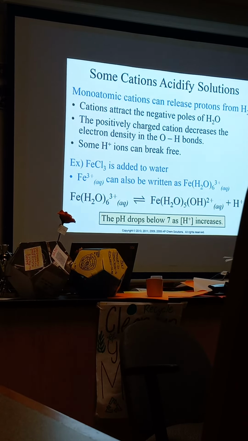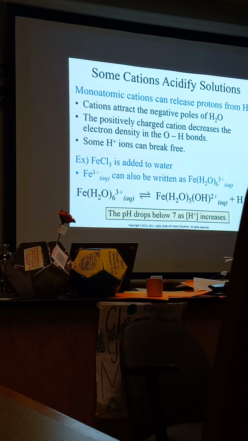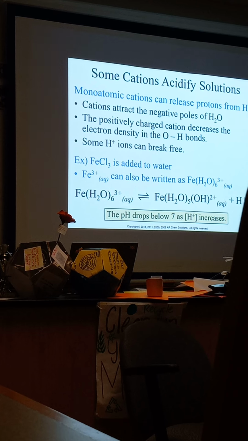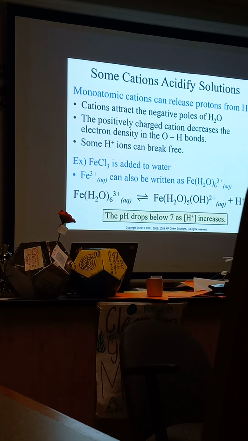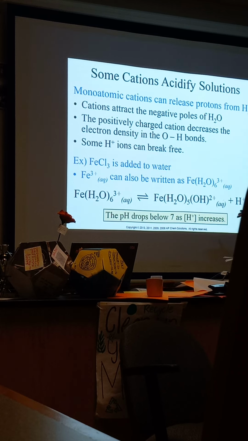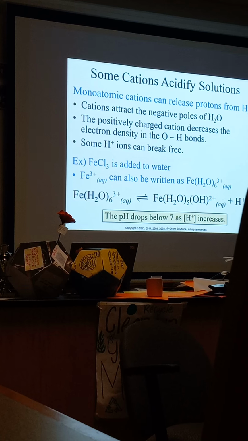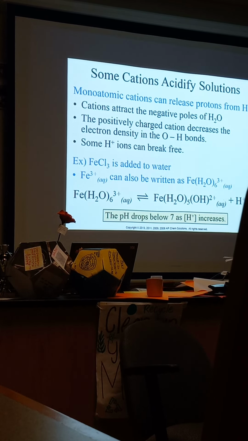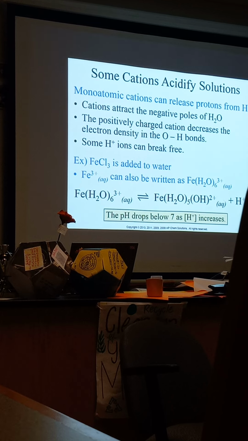And guys, what is our definition of an H plus coming off of something? If H plus comes off, it's considered an acid. It doesn't look like any acid-base chemistry, but the result is the same. You have an H plus coming off, so this will behave like an acidic solution after we do this. So that's what's kind of interesting.